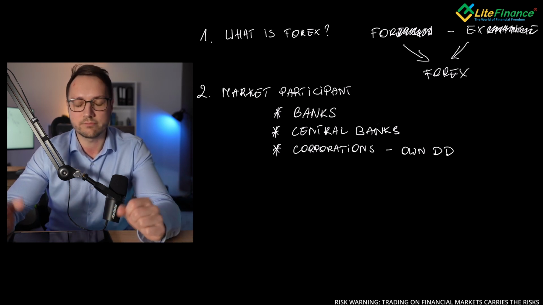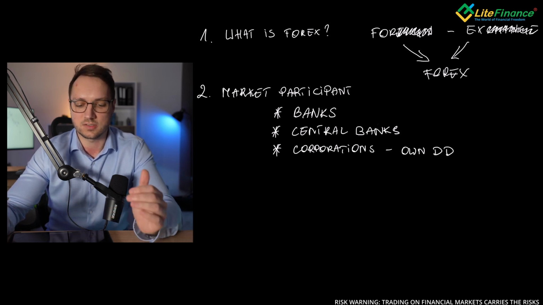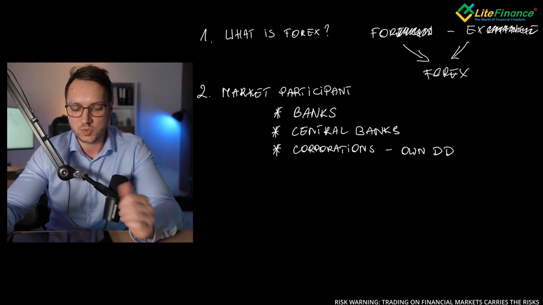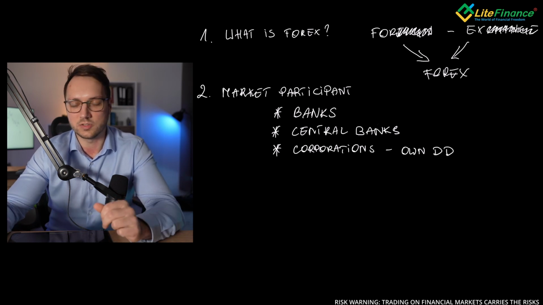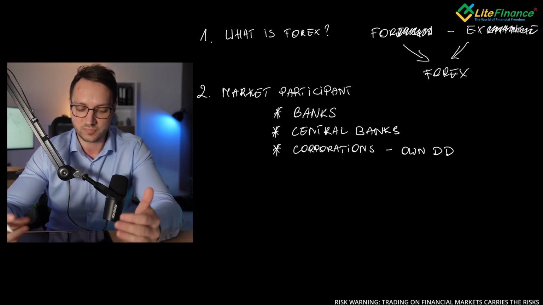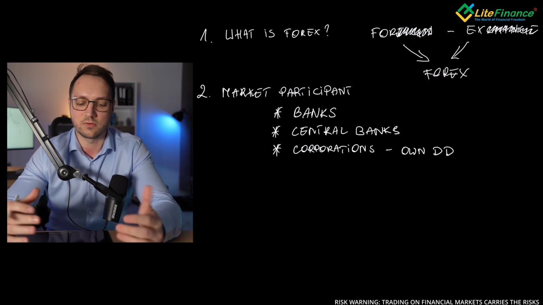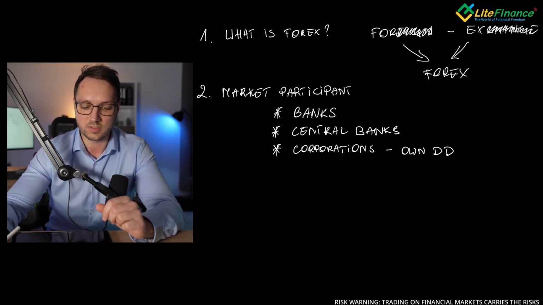What they need to do is, of course, exchange their euros to Taiwanese new dollars. They send the request to the bank to purchase X amount of Taiwanese dollars in order to buy those products. And the bank goes to the market and does this deal in the name of their clients. Basically, this is how commercial banks work on the market in a very basic explanation.